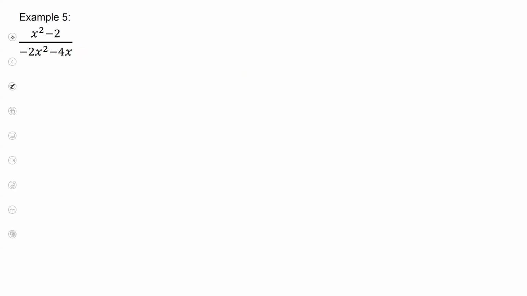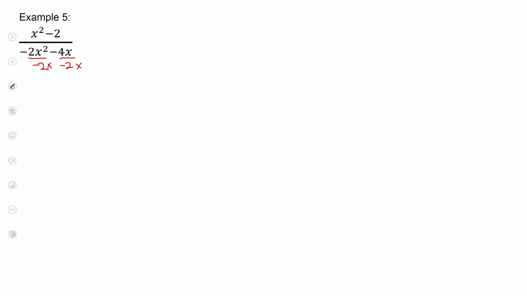All right, next example. Am I going to do an eye chart for the denominator? No. Why not, Blaine? Good, because there's not a C value. I just have A and B. I need A and C in order to do an eye chart. So, guys, what can both of these be divided by? -2. What else? x.